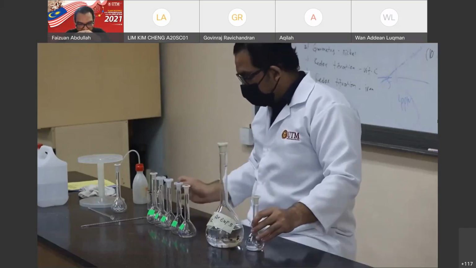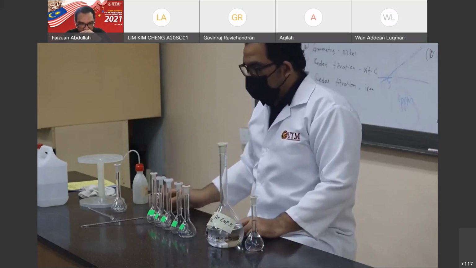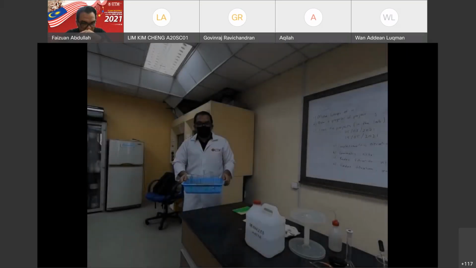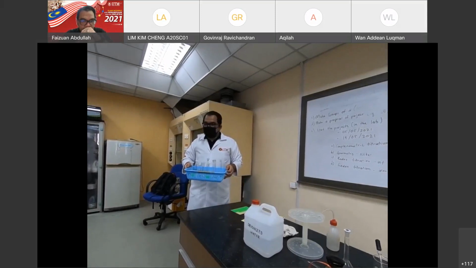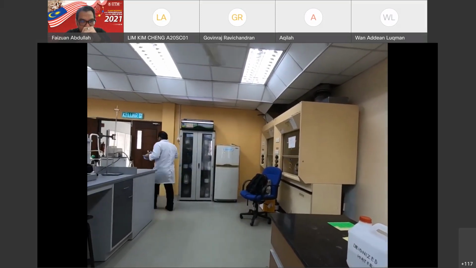The volume will be made up to the mark using distilled water, and you have to be very careful when you are doing that to make sure that you get the meniscus right on the dot. Now, I think we are ready to perform our AAS analysis. Come, let's go. We go to the AAS machine and do the analysis. Come, follow me.